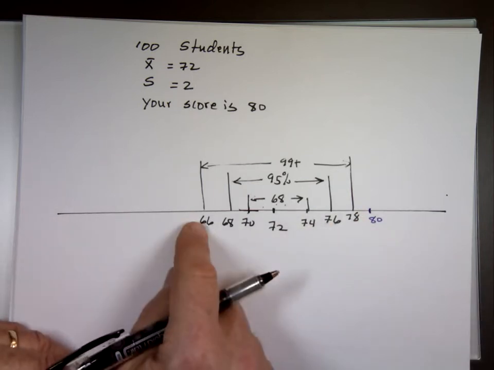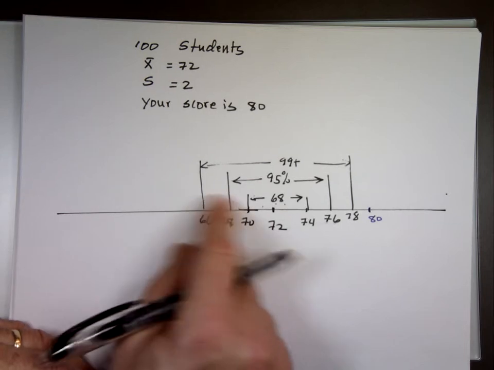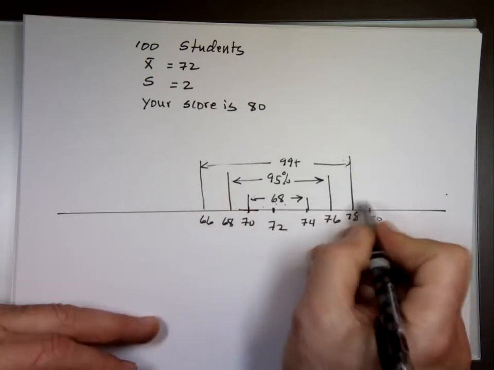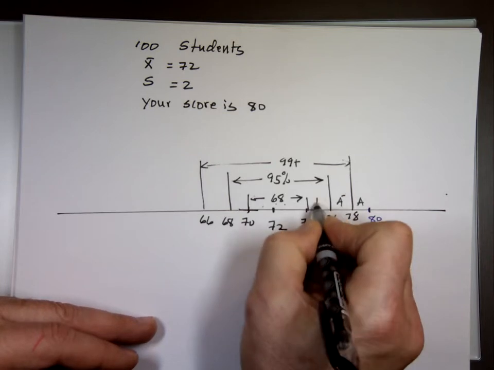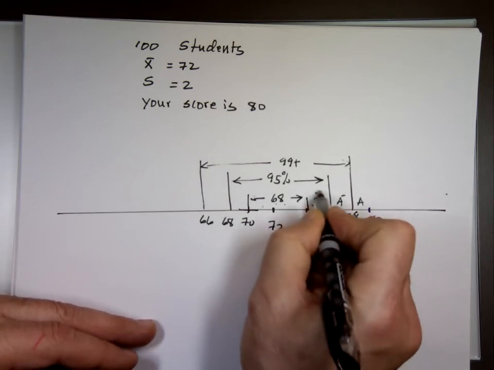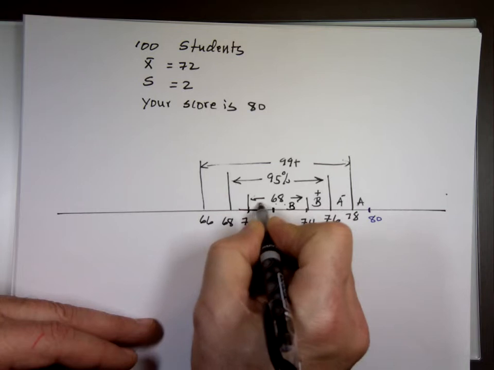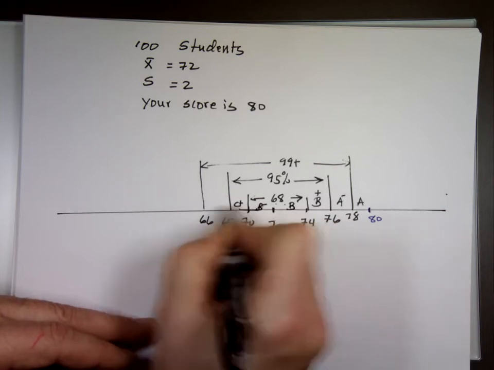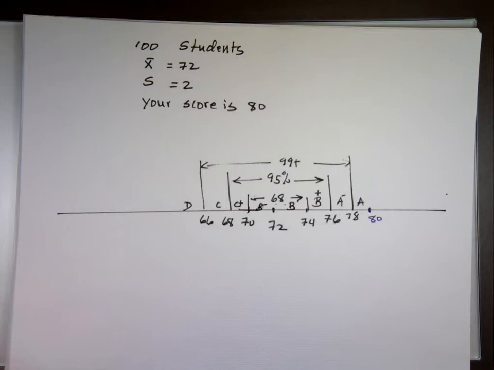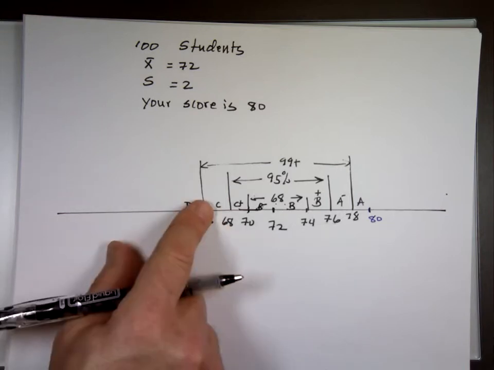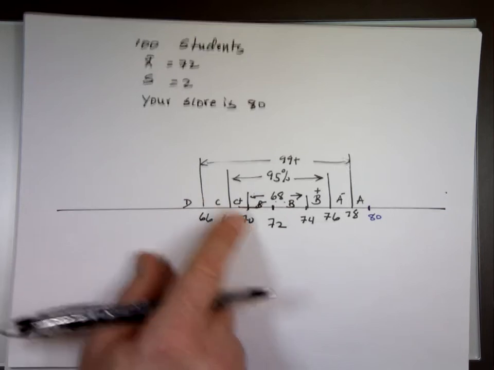Between 66 and 68 here, if this is A, for example, A minus, B plus, B, B minus, C plus, C, and let's say this is D. If you score below 66, you get a D. Between 66 and 68, that's a C. 68 to 70, that's a C plus.